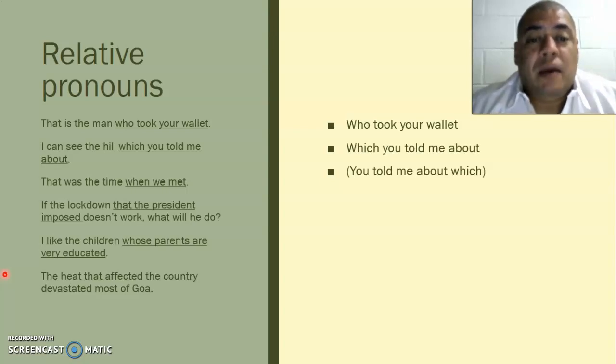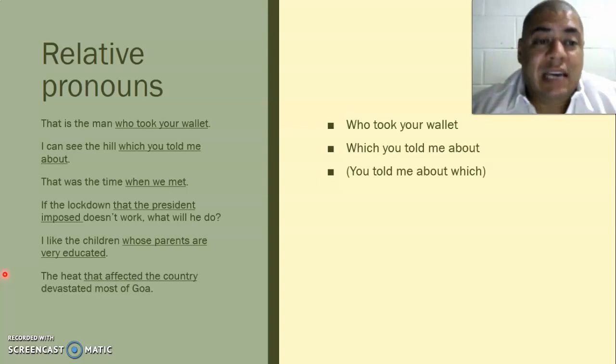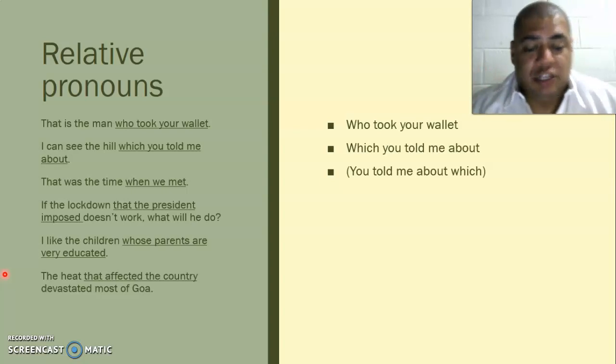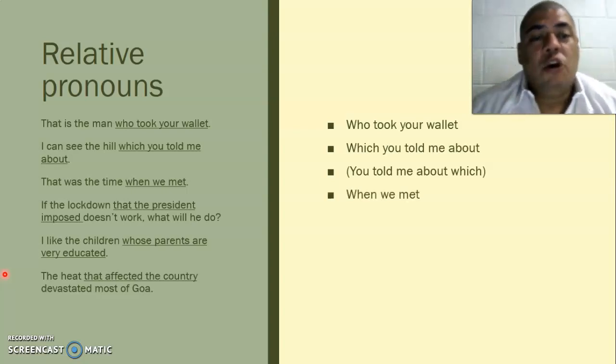You told me about the hill. Remember that the hill is being substituted by which. So, if I would place the hill at the end of the clause, you told me about the hill, I would also place which in the same position. When we met.